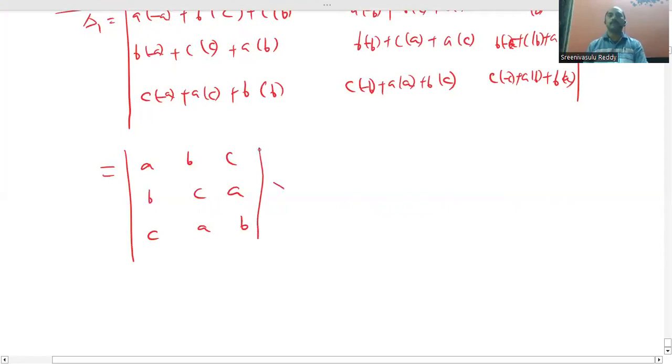Det of minus A, within the braces values.